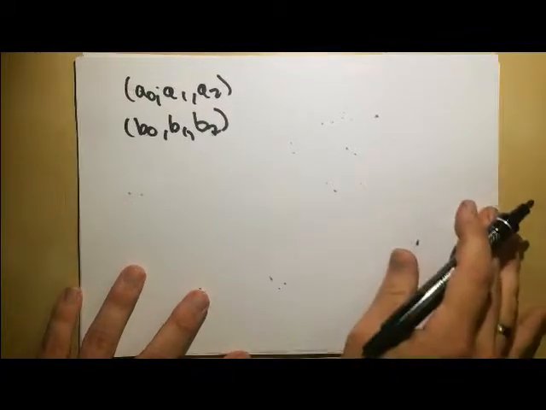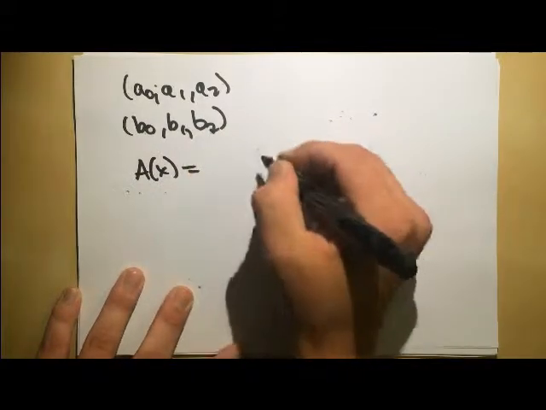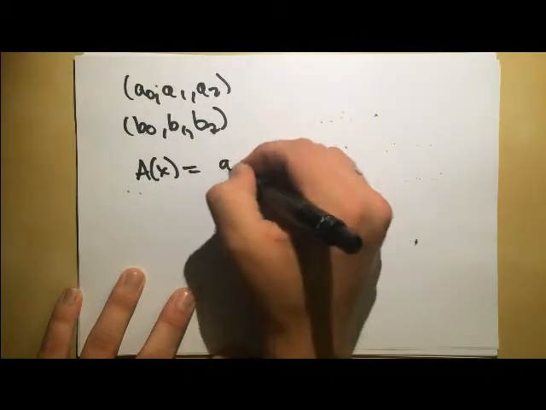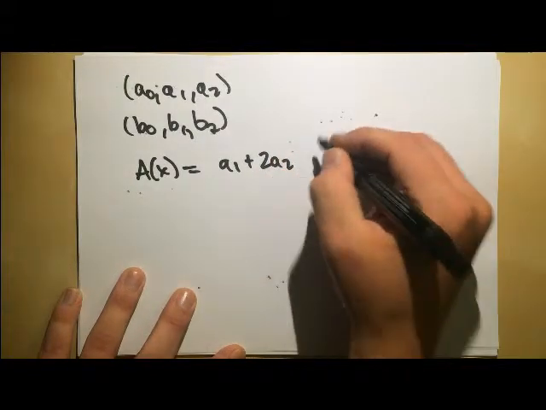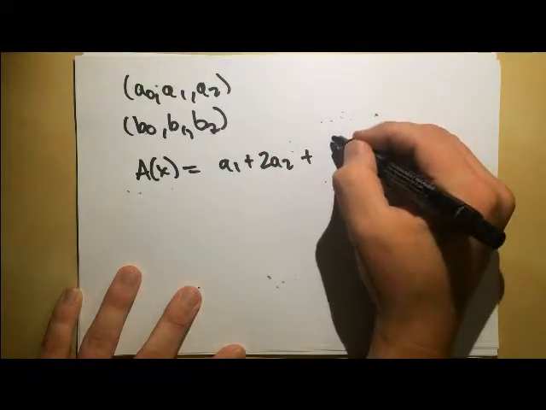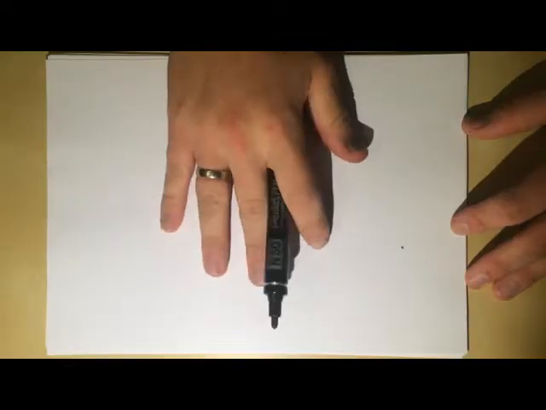So then here we'll have what a of x looks like: a1 plus 2a2 plus, and then we have, so I slightly messed up my indexing convention, so I'm going to write out what b of x looks like.